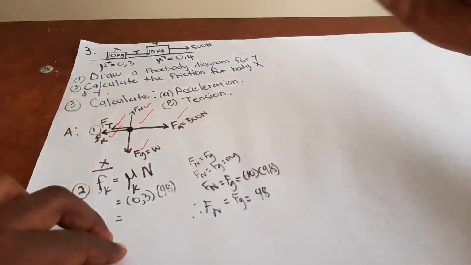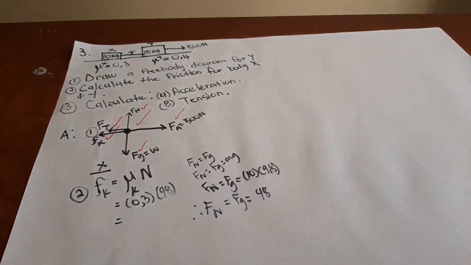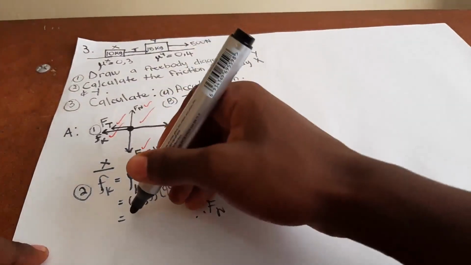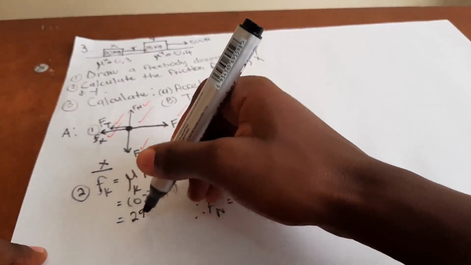So 0.3 multiplied by 98 to find our kinetic frictional force for body X. 0.3 multiplied by 98, that's 29.4 newtons.